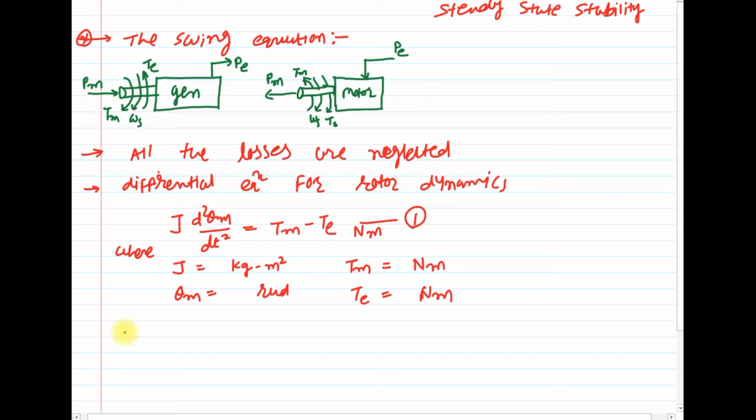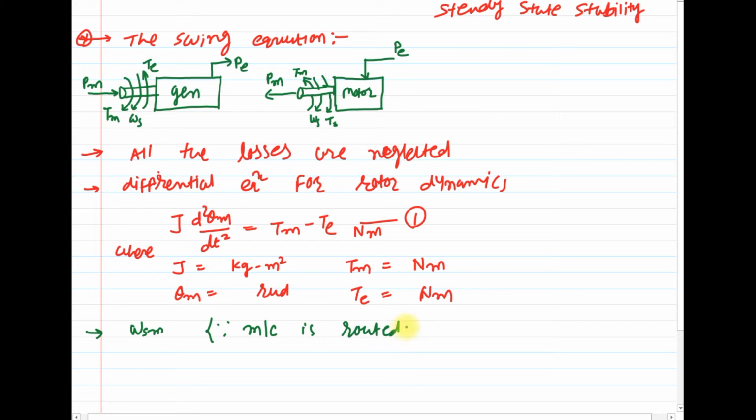So next, just multiply equation 1 by omega sm on both sides, because here we have assumed that the machine rotates with constant speed.